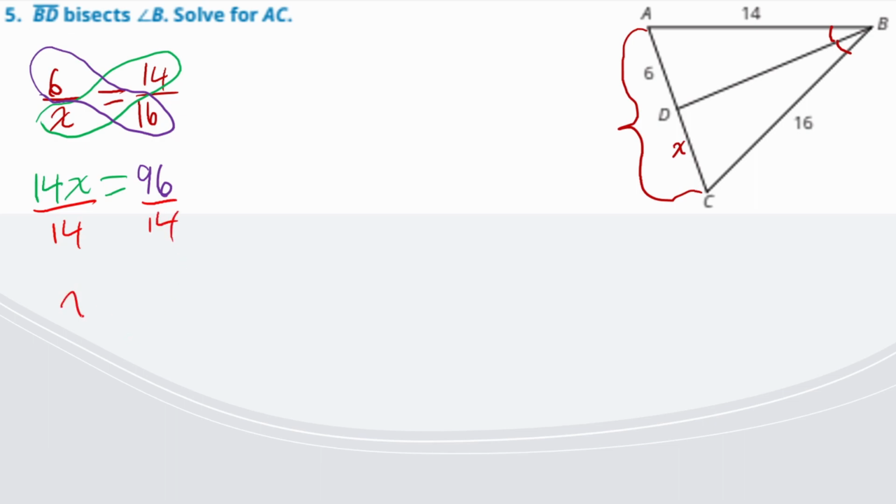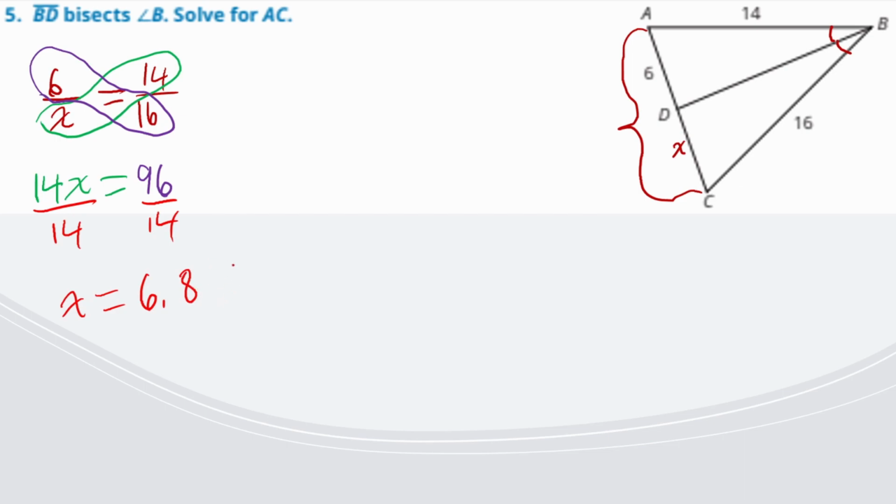And that's going to leave us with x equals, once again, just to be safe, I'm going to plug this into my calculator. We do 96 divided by 14, click enter, and we get a decimal here. Our decimal is going to be 6.857, and we're going to round it off to our hundredths place.